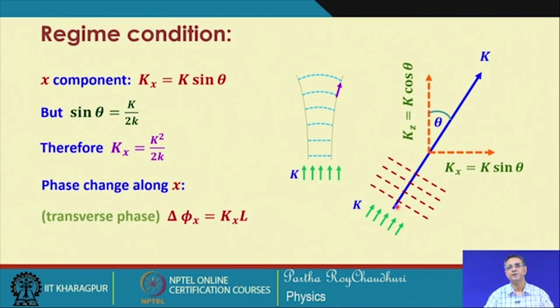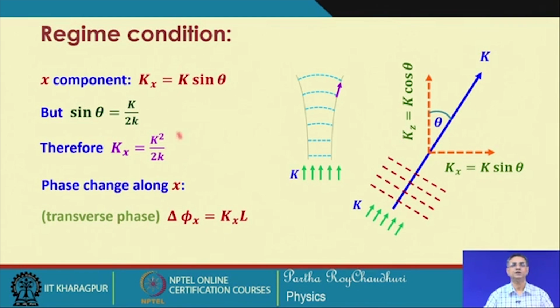You can see that this is a little exaggerated form of this. So, you have a z component which is k cosine theta and k x equal to k sin theta. So, that is what we have written, but sin theta equal to K by twice k. Therefore, I just substitute in place of sin theta in this equation. So, k x becomes K square by twice k.